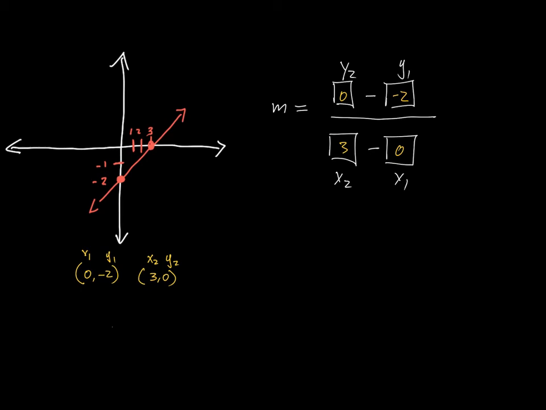So we have 0 minus -2. Whenever you have the two negatives there, you need to do the two strokes, and that's why we put it in boxes to make sure that you're doing this right. So we have 2 divided by 3 minus 0 gives you 3. So that's going to be your slope. Your slope is going to be 2/3. And we're done.